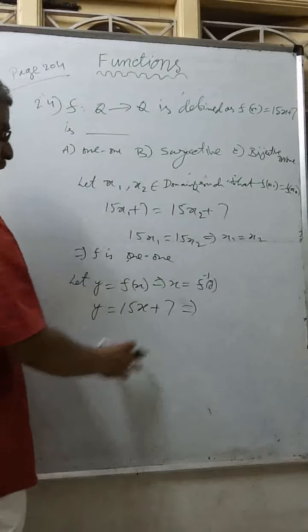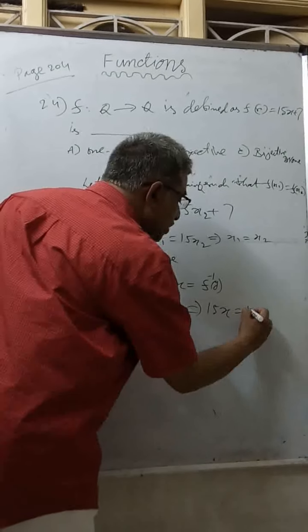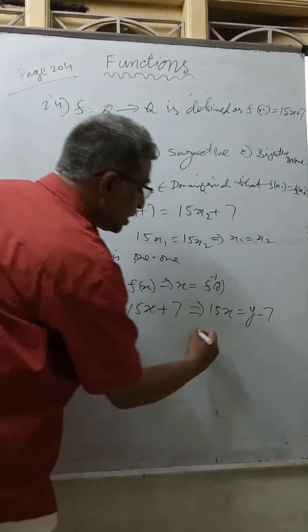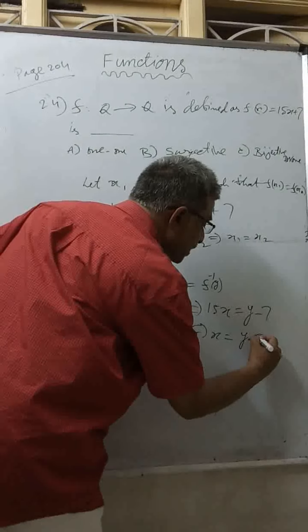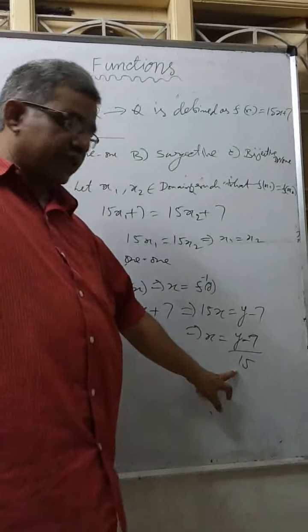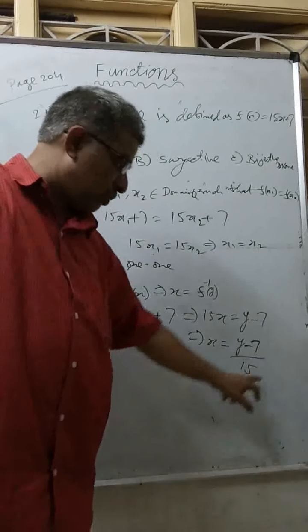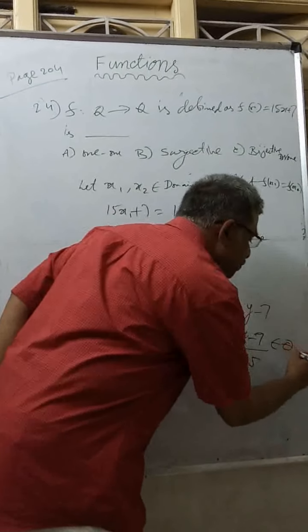So to find x in terms of y, I am bringing 7 to this side, so 15x equals y minus 7, which implies x equals (y minus 7) by 15. See, this is a rational number in p by q form. (Y minus 7) by 15 is a rational number where q is not equal to 0, and 15 is not equal to 0, so this belongs to Q only.